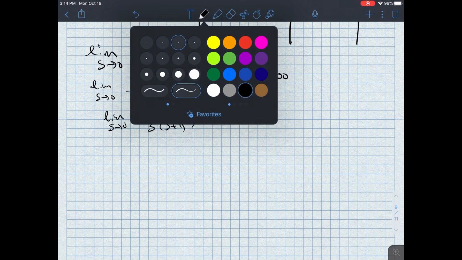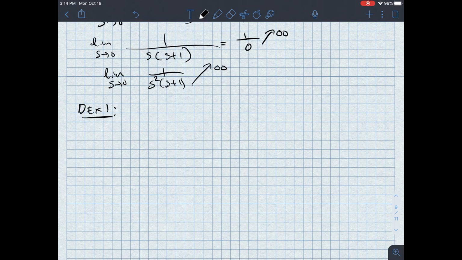All right, let's put this all together in one example. Example 1, let's say I'm given G of s, which is equal to 1,000 (s plus 8) over (s plus 7)(s plus 9).